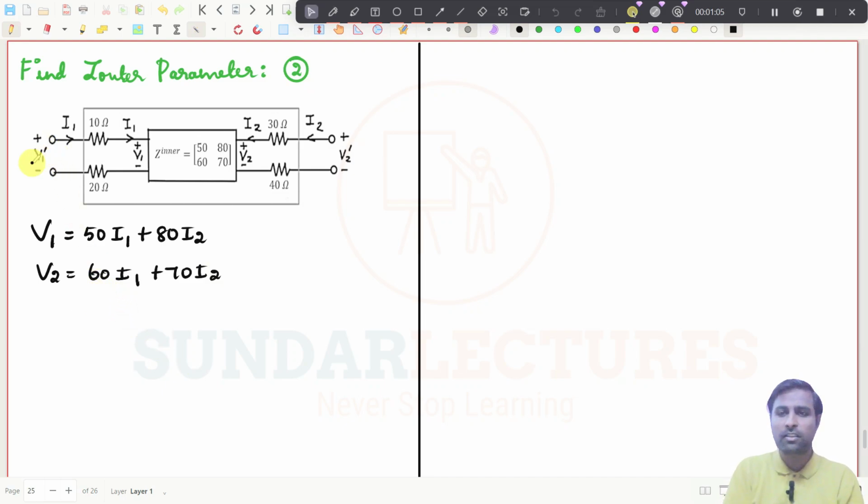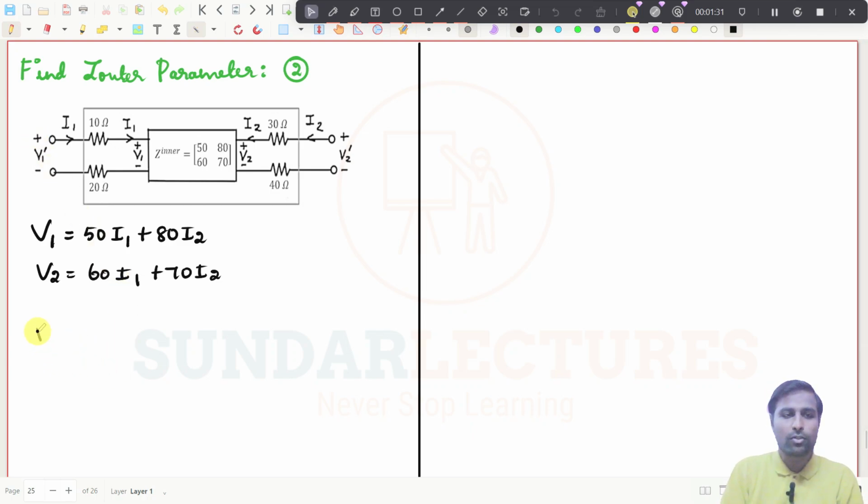Try to write the expression for V1 dash now. How will you write V1 dash? Start from this point and come to the plus. You should learn how to write an expression for voltage between 2 points in an electric circuit. We have solved so many problems with voltage between 2 points, and I told you the procedure in my previous classes.